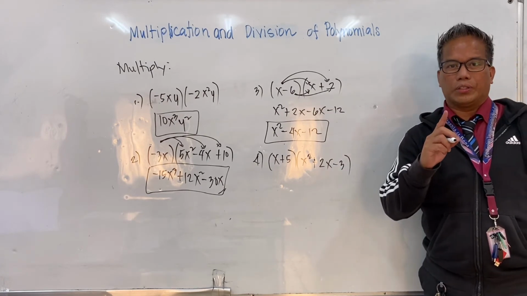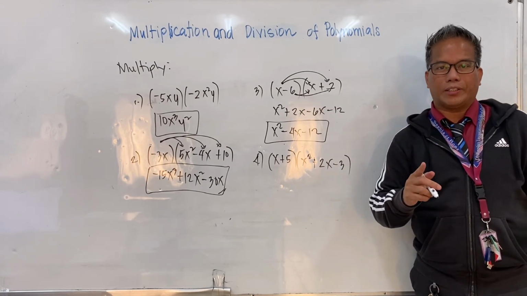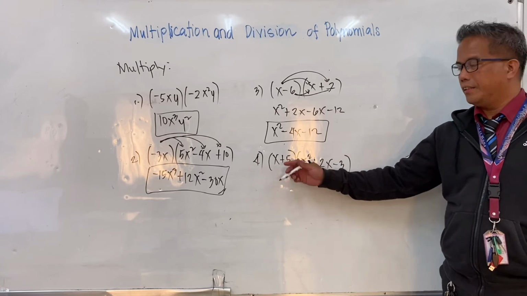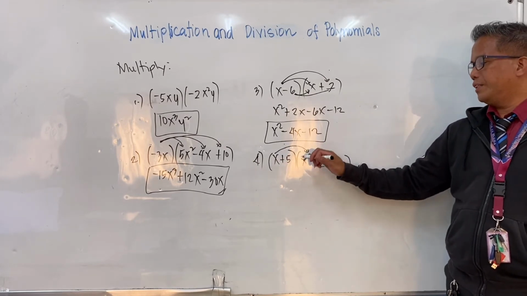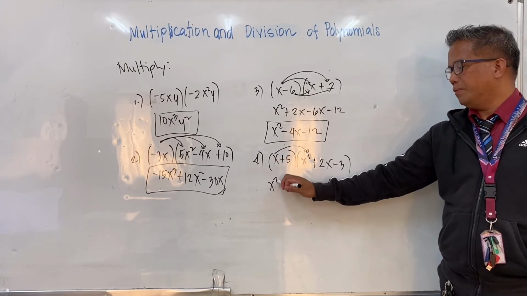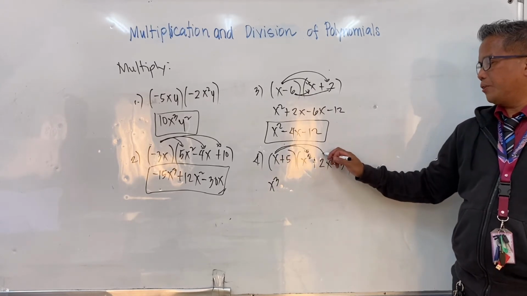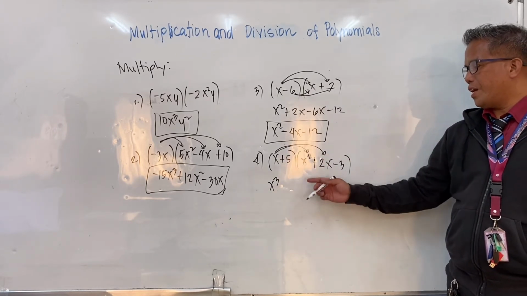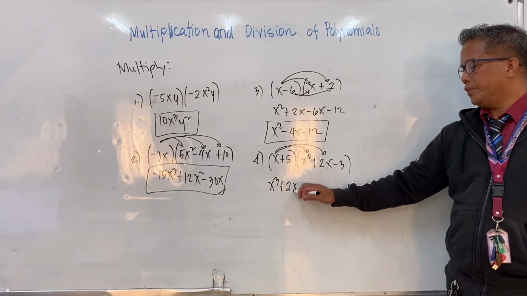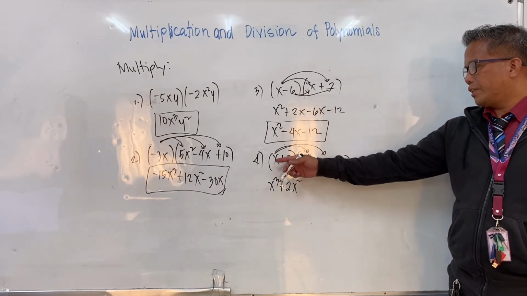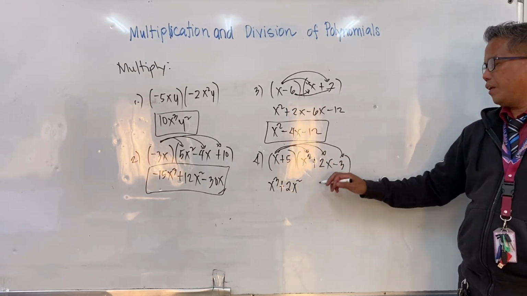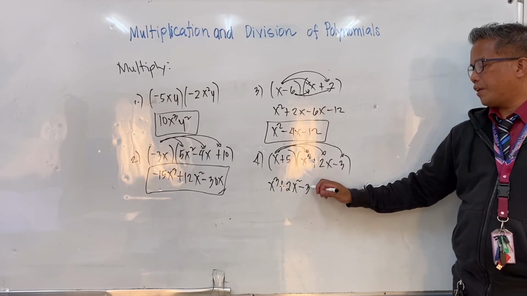You are going to use distributive property of multiplication. Starting here, x times x squared, the answer is x cubed. X times 2x, so the answer is 2x squared. X times negative 3, the answer is negative 3x.